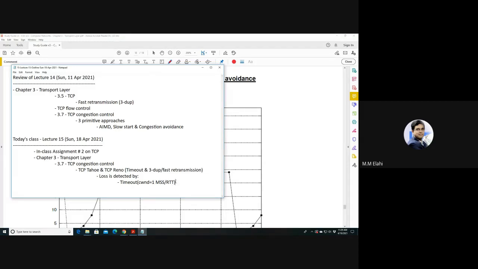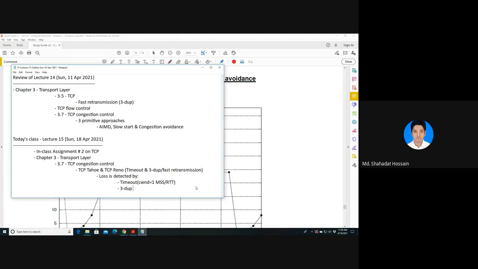Now if the loss is detected by three duplicate, that means we can retransmit even before timeout. So tell me, which case represents better network condition? Loss detected by timeout or loss detected by three duplicate? In which case can we tell that the network condition is better?